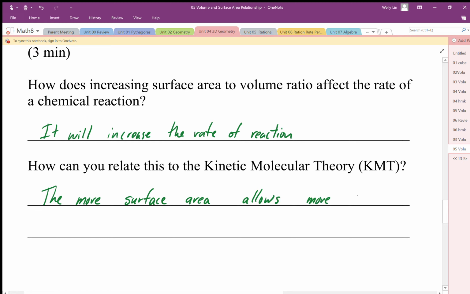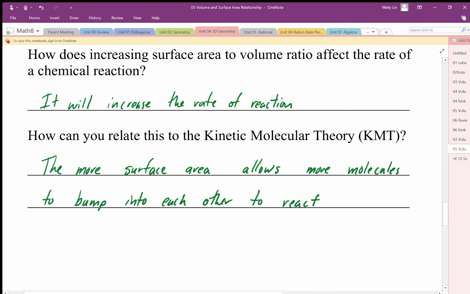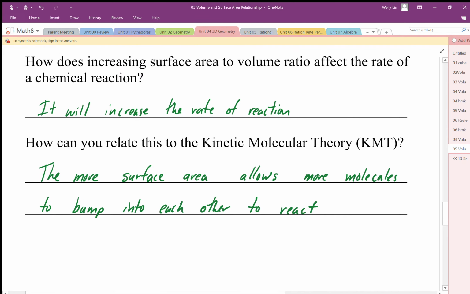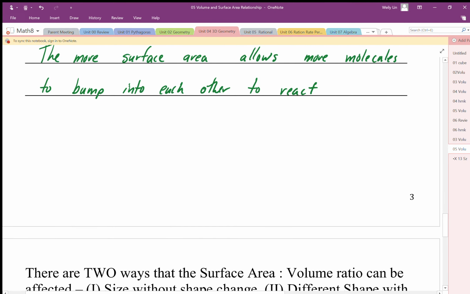More molecules to bump into each other, to react. Okay. So the greater the surface area, the more interactions they have, and that will increase the rate of chemical reactions.